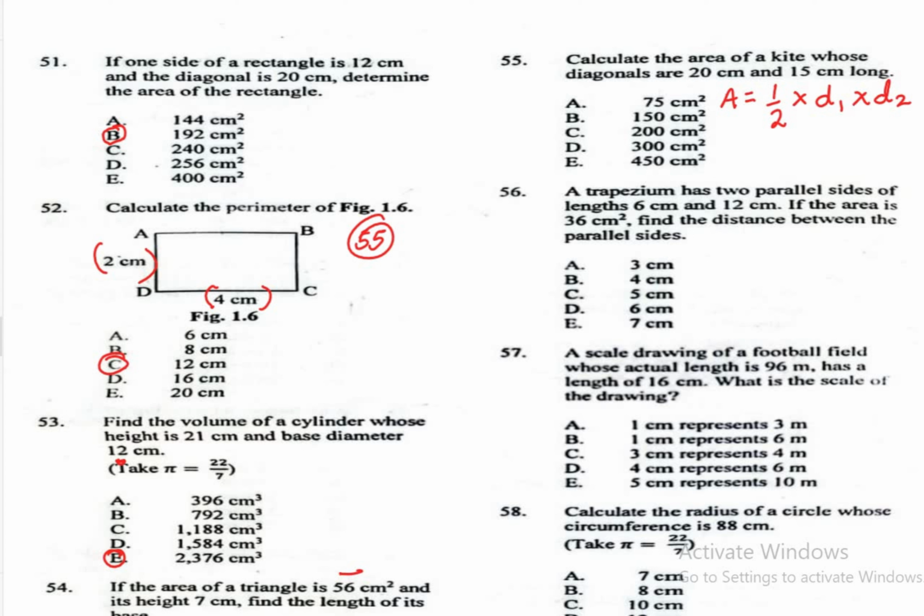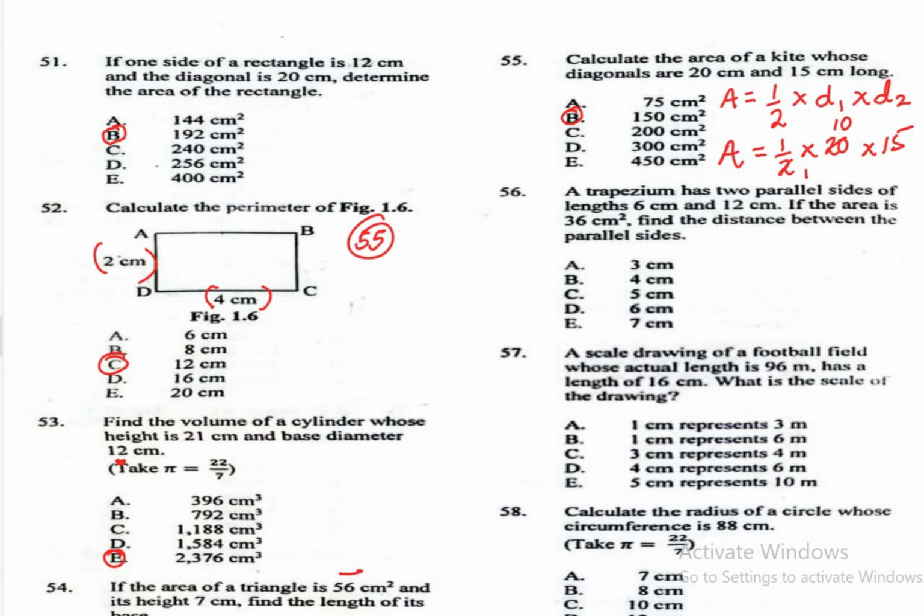So the area is equal to 1 over 2 times 20 centimeters times 15 centimeters. 2 into 2 is 1, 2 into 20 is 10. 10 times 15, 150 centimeter squared.